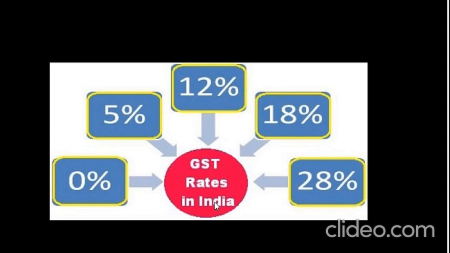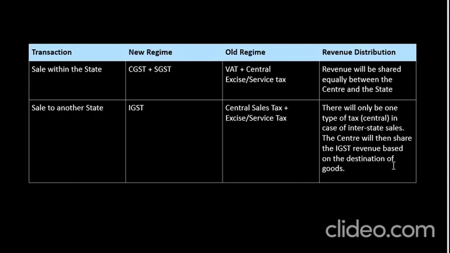But we have learned how this IGST, that is interstate supply, will be distributed. Based on certain allocation decided by Parliament on the recommendation of the GST Council, it will be distributed to the respective destination of the goods, to whichever state it is being delivered.